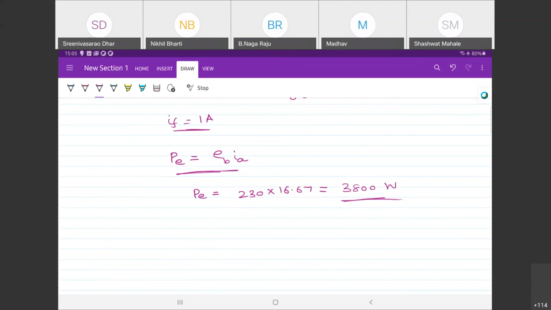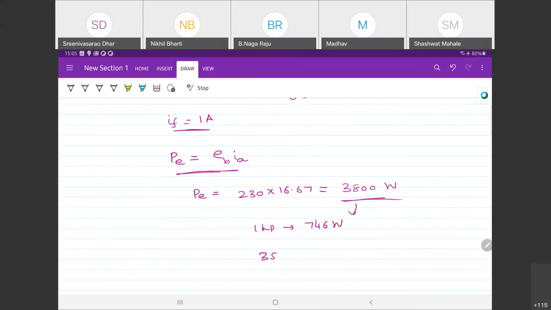So here, we are trying to design for a 5 HP motor, right? So what is the value of 1 HP? It is 746 watt, right?